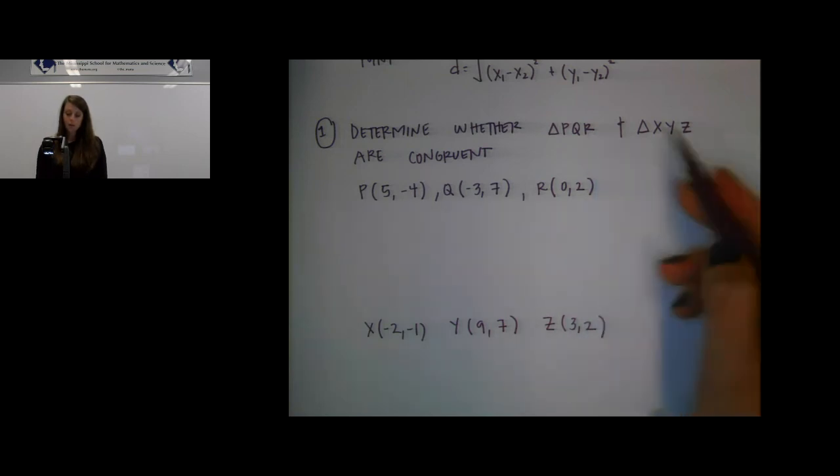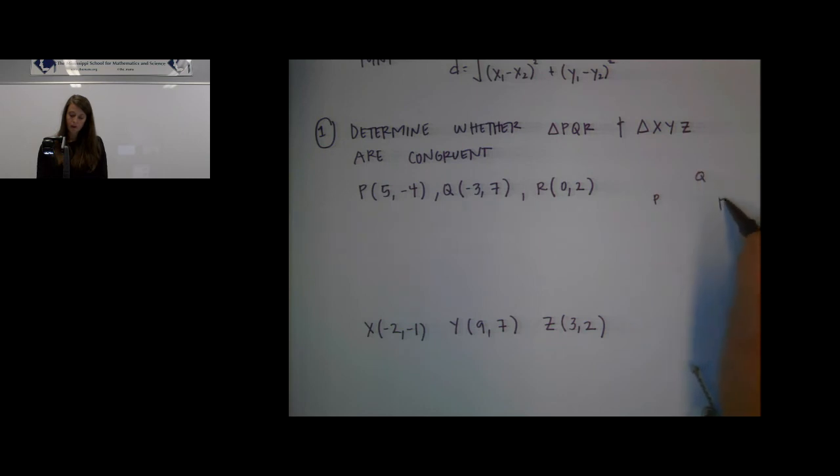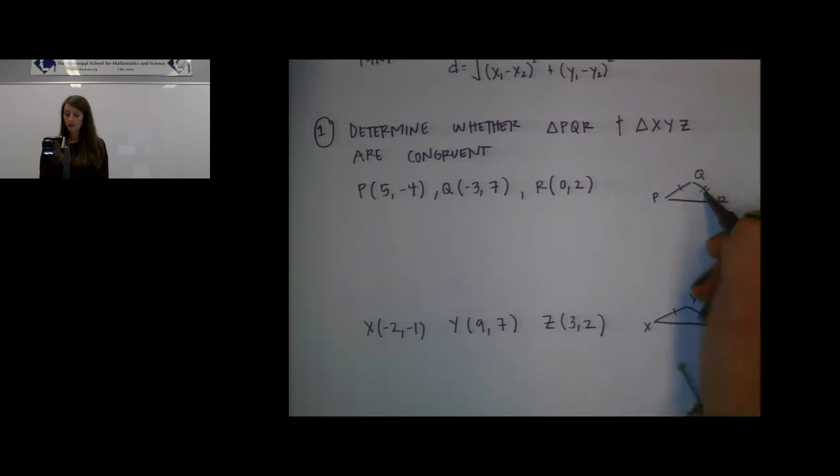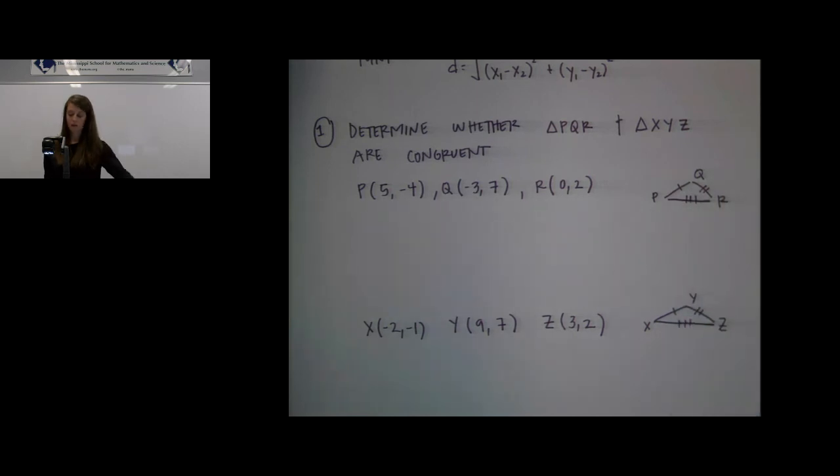Okay, so we want to show that PQR is congruent to XYZ. That means that PQ is going to have to equal XY, QR is going to have to equal YZ, and PR is going to have to be equal to XZ.